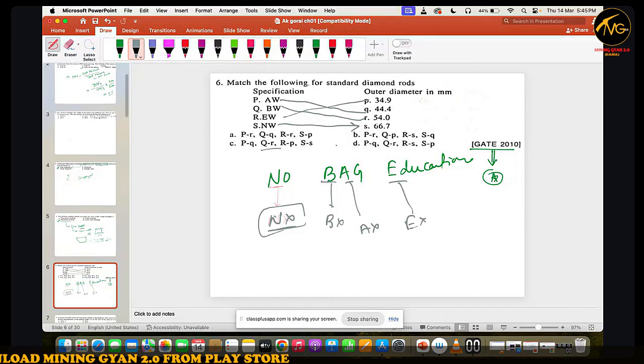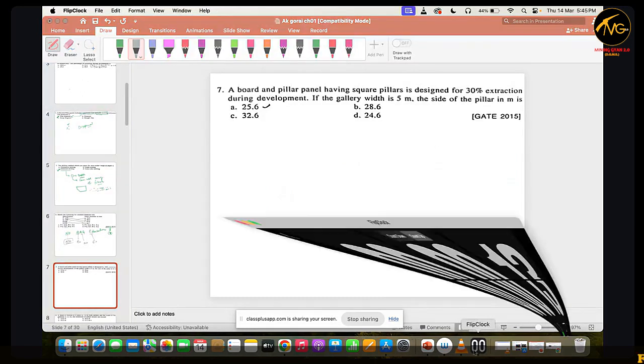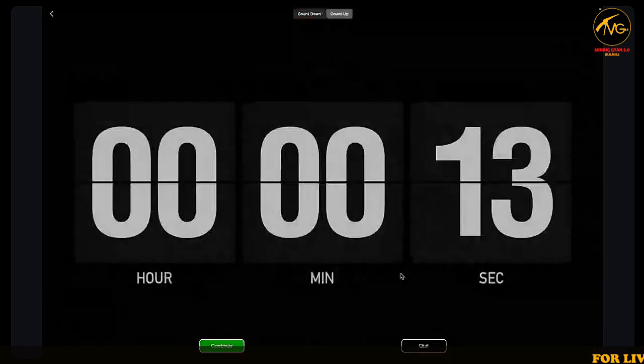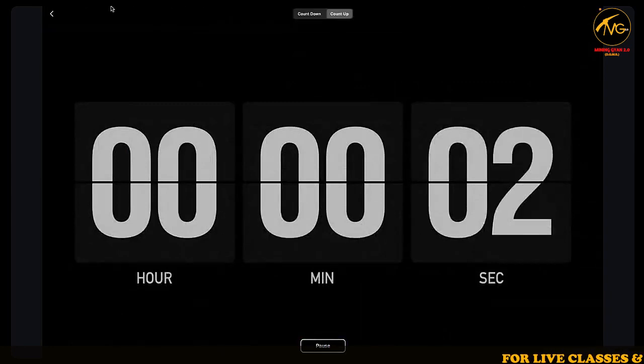I think in the AK Gorai book its answer is wrong. You should check. This will be our answer. This is the next question. Please solve. 20 seconds.